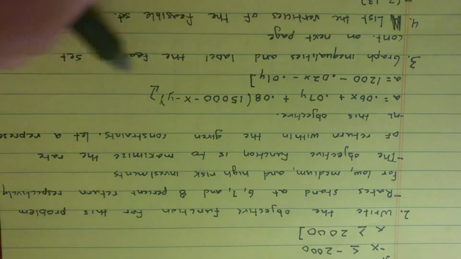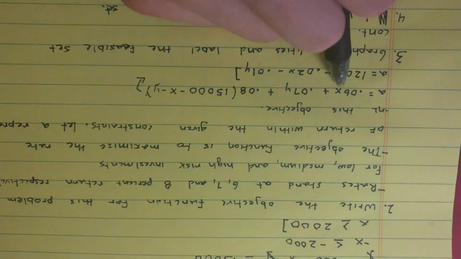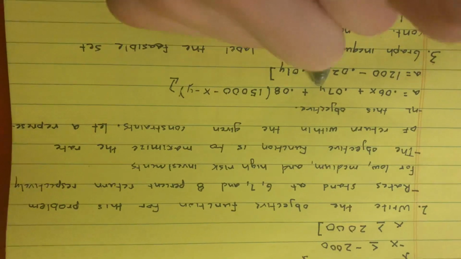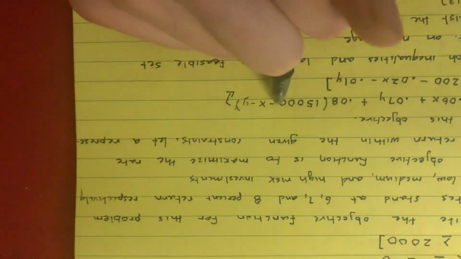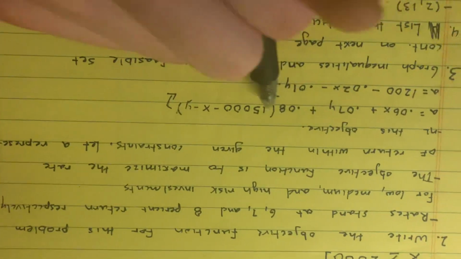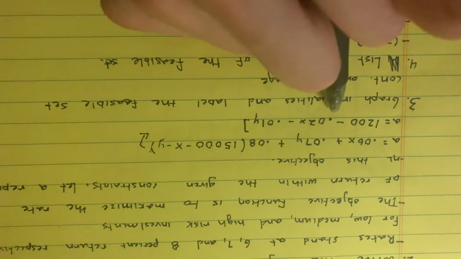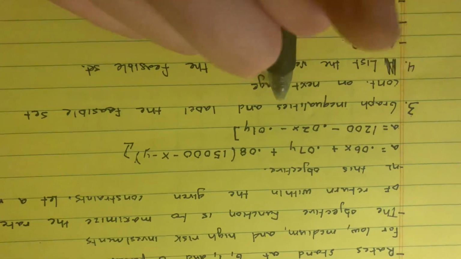If you don't understand any of these, this is the low risk rate times the low risk investment variable, the medium risk rate times the medium risk investment variable, and how you would calculate the high risk investment variable. Simplifying all of that out, you're left with a equals 1200 minus 0.02x minus 0.01y.